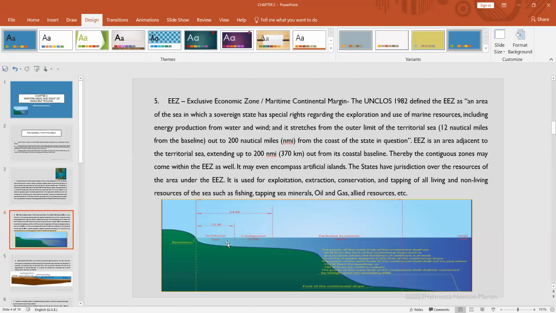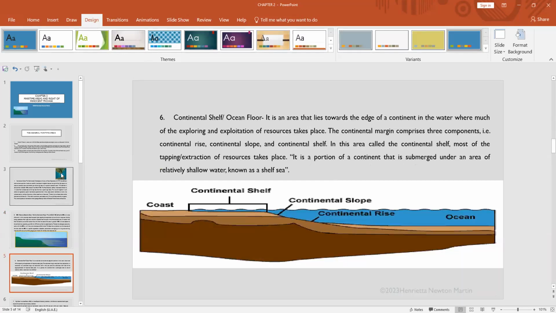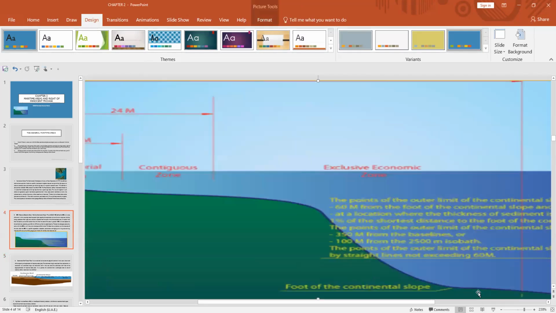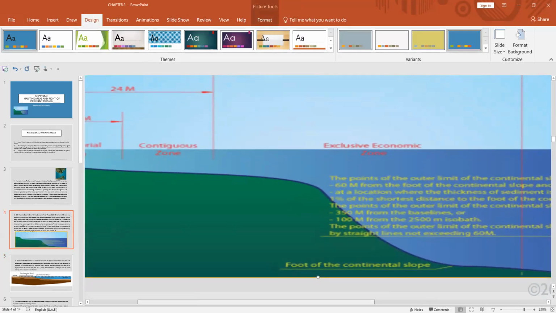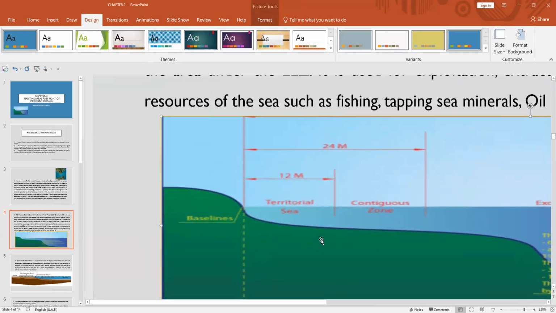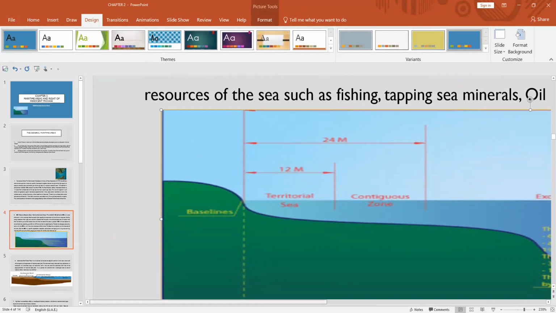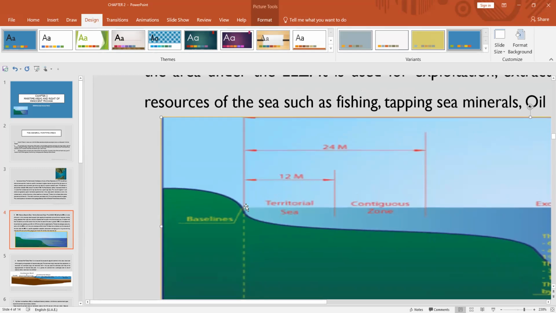I remember last class we studied this particular picture, what you can see here. If you see here, this is the baseline, okay? Now, from the baseline of a particular state's waters, 12 nautical miles is the territorial sea.